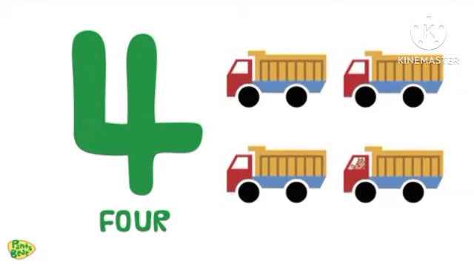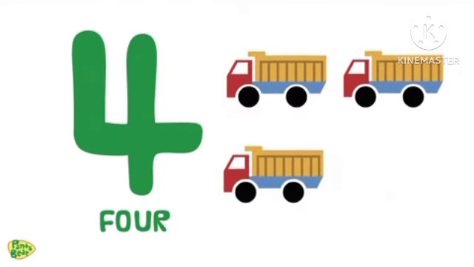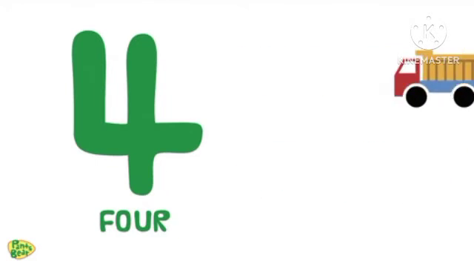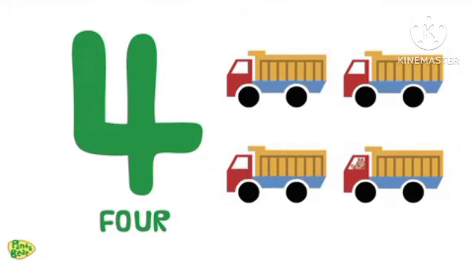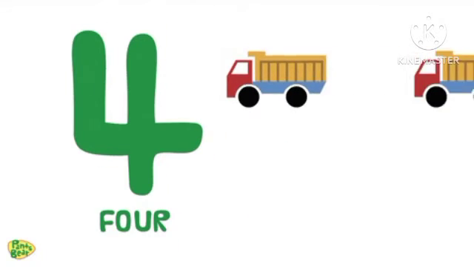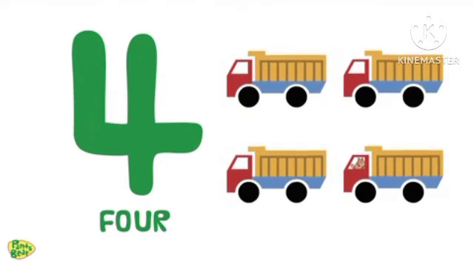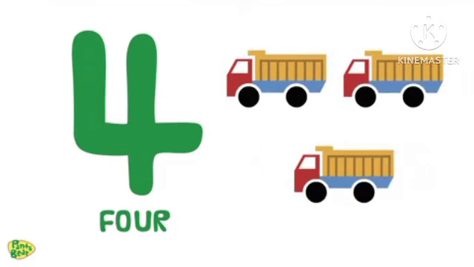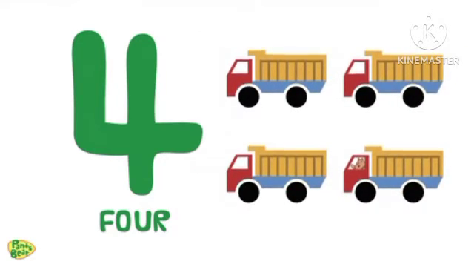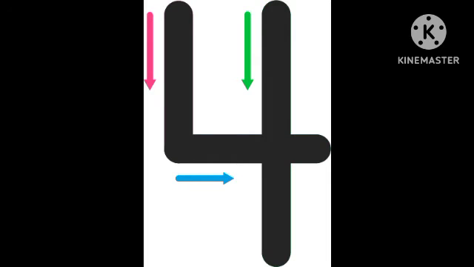And Najam got 4th position. It's 4. How many vehicles are there? 4. And 4 always comes after 1, 2, 3. 1, 2, 3, 4.